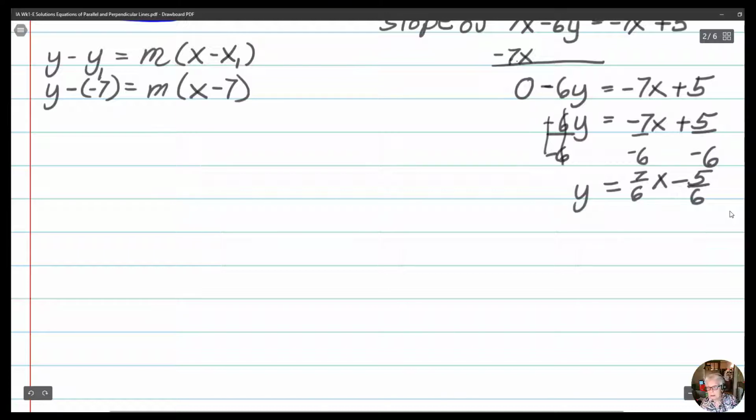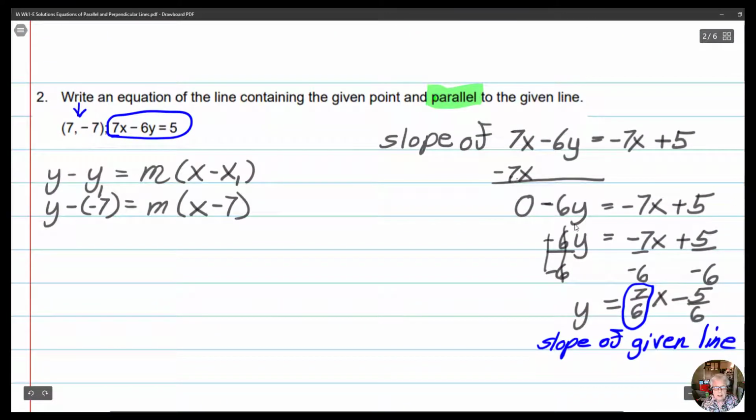All we've done is find the slope of the given line. That's this line up here.